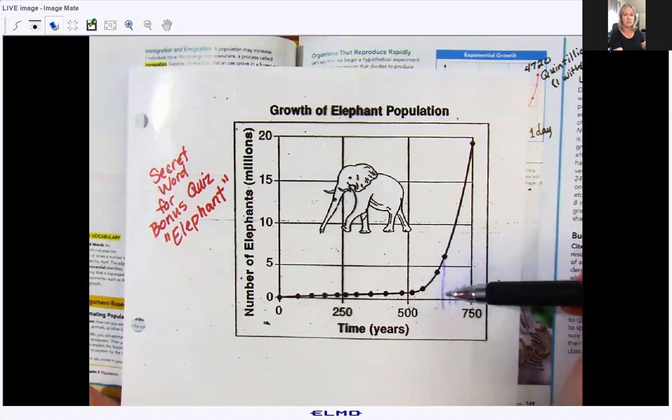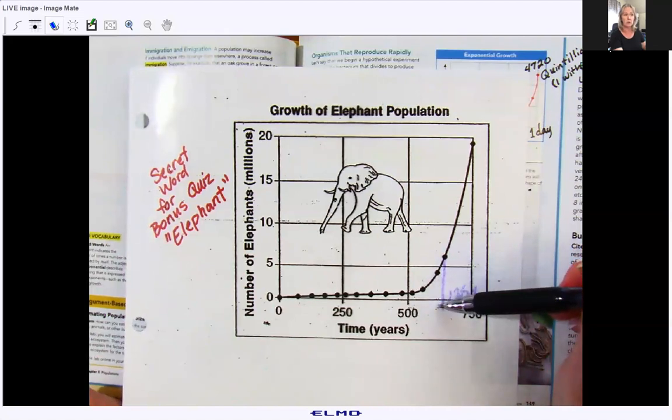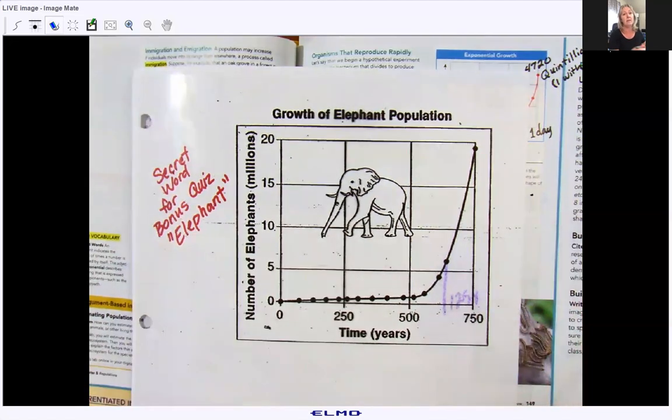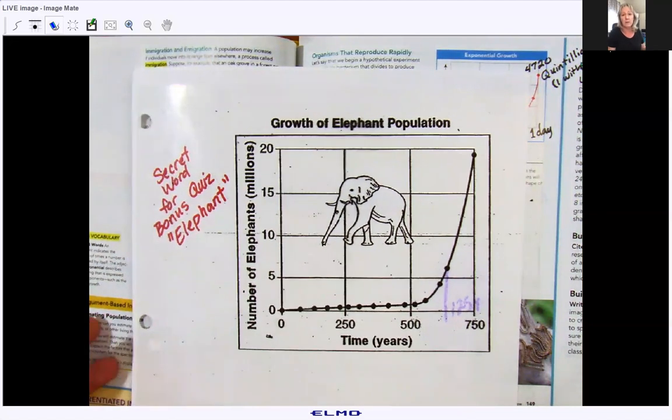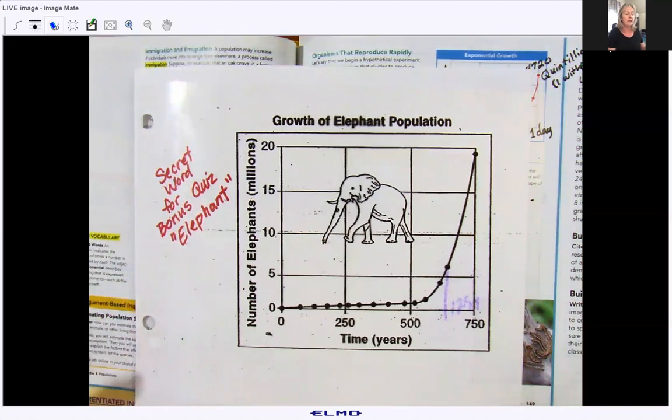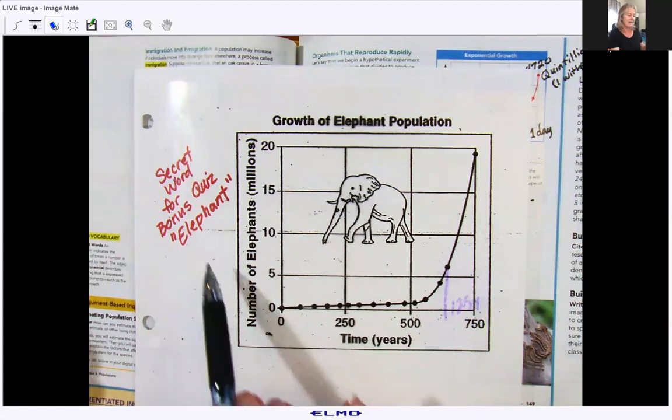So it's taken 600 years before it starts on that upward exponential growth. And again, that's if you had ideal conditions, and that's not always present in a population, but that would be the predictor.